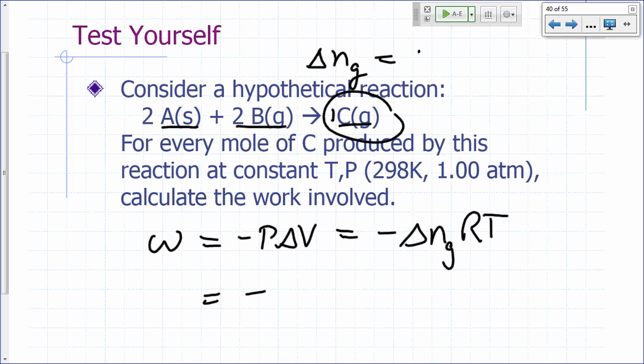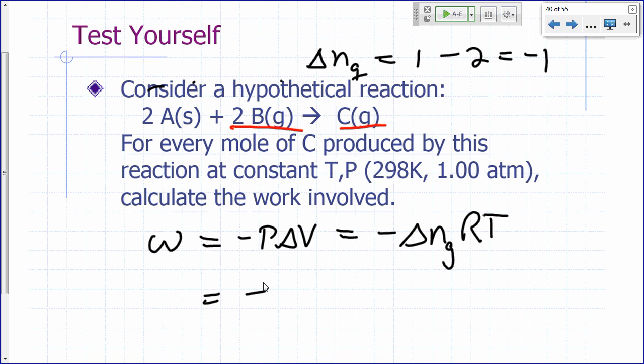How many moles of gas do I have on the product side? Coefficient is 1, right? How many moles of gas on the reactant side? 2, because A is a solid, B is a gas. So 1 minus 2, that's negative 1. Every time I make a mole of C, I'm going to lose 2 moles of B, so a net loss of 1.